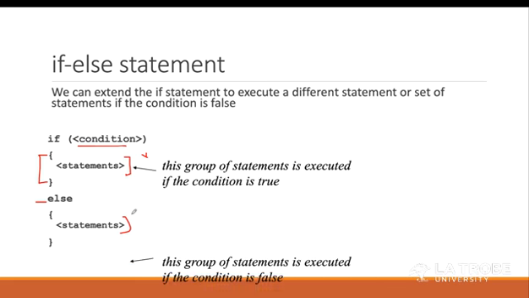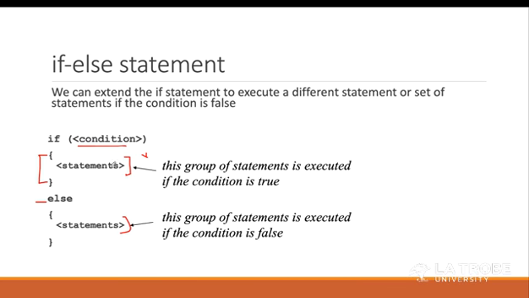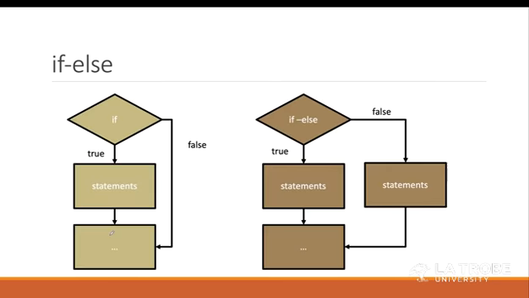As I mentioned, this group of statements here will get executed if the condition is true, and this group of statements will get executed if the condition is false. So this is the diagram of if-else. Before else, when we just had if statements, if the condition was true, then these statements would have got executed.